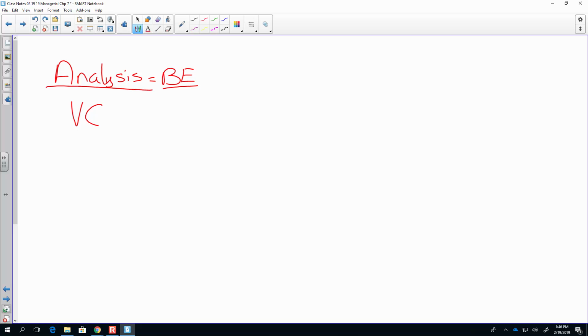If my variable cost per unit increases, what happens to my break-even? If my variable cost per unit goes up, what happens to my break-even? Does it go up or down?